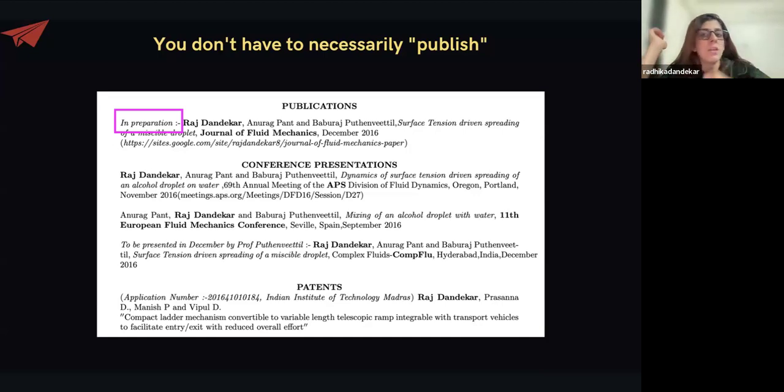So make sure that your professors validate this information in their letter of recommendation, because only you mentioning it in your statement of purpose or your resume is not enough. It has to be validated by your professor as well, okay. But it's completely fine if your paper is not yet published. That is the point that I want to emphasize.